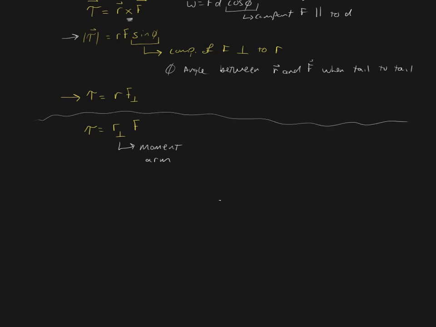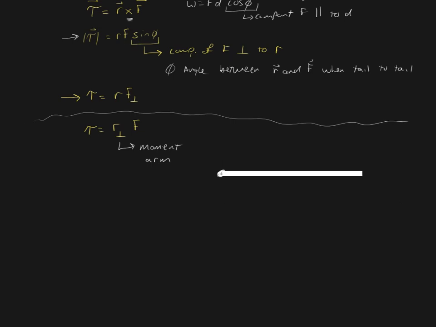Okay, so let's take a look at a situation, and let's just say we have just a rod or something like that. And we're going to put our axis of rotation right here on the end.